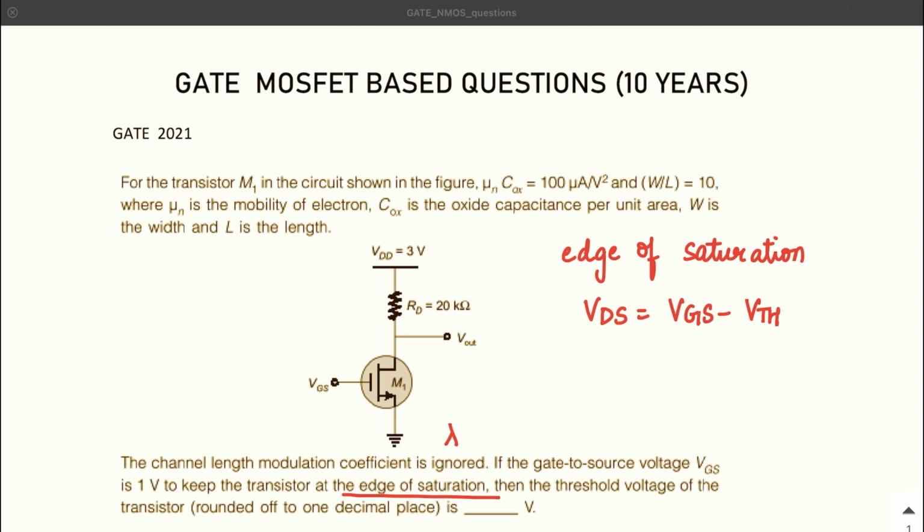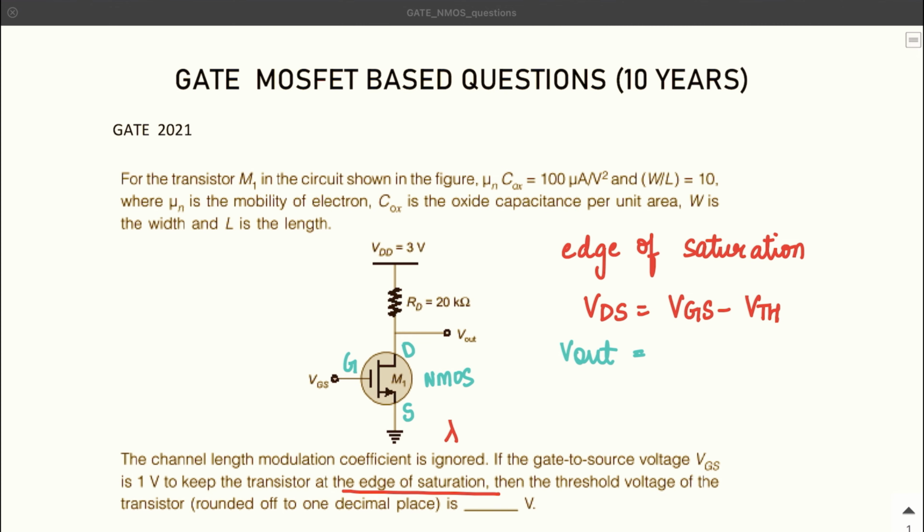In this figure, this is the drain terminal, this is the source and this is the gate, because this is an NMOS transistor. So VDS can be written as Vout minus 0, which is the source potential. VGS can be written as the input voltage, and VTH is what we need to find.